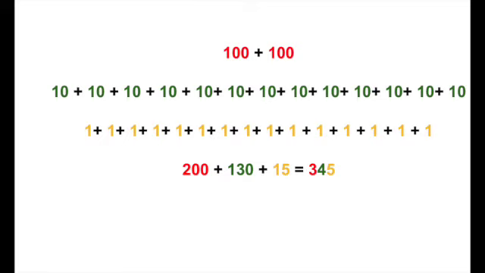So we have 10 plus 10 plus 10, 13 times. And in the ones, we have 15 ones because we moved one of the tens to the ones place and 9 of them into the tens place. If we were to simplify, adding the reds, the hundreds would be 200, adding all the tens would get 130, and adding all the ones would be 15, which now, 200 plus 130 plus 15 equals 345.